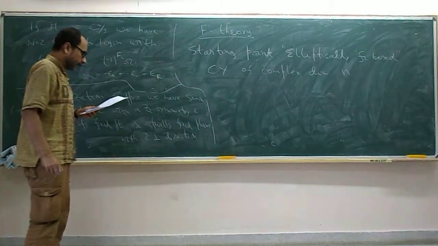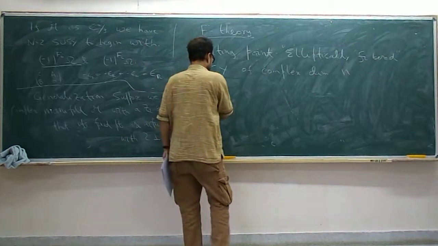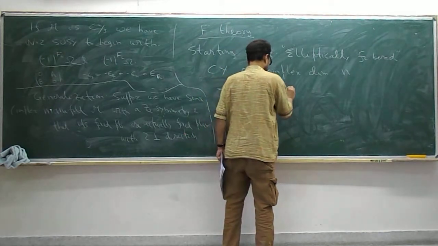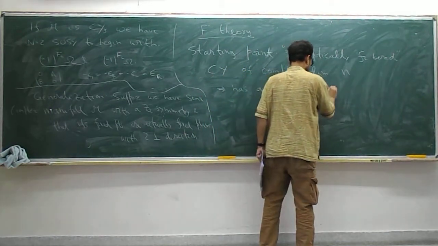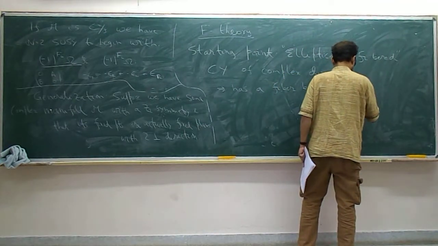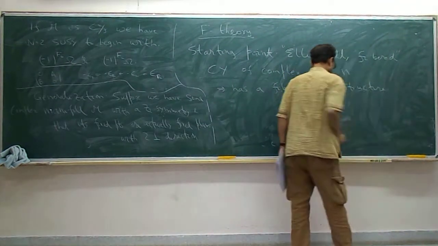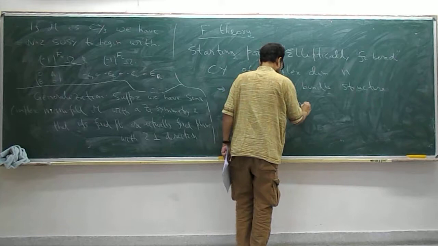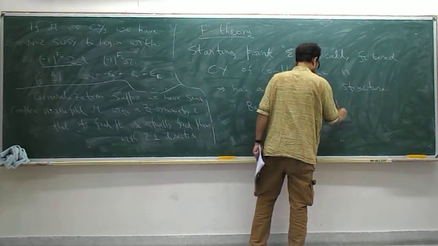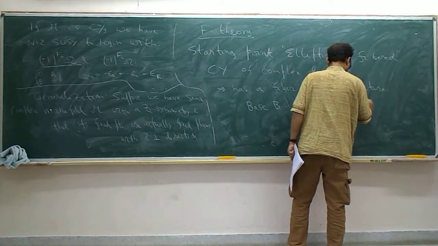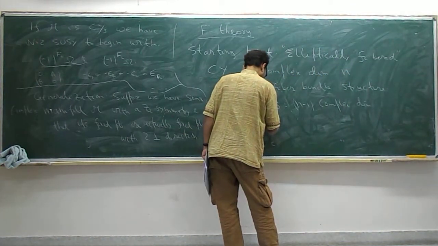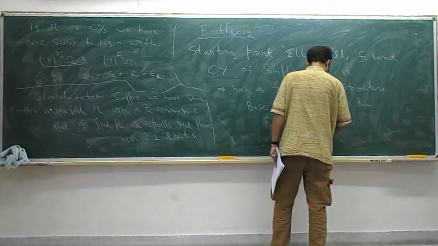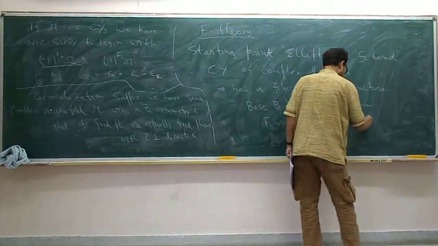So an elliptically fibered Calabi-Yau manifold is the following: it is a manifold which has a fiber bundle structure, whose base B has n minus 1 complex dimension and whose fiber is a torus, which is one complex manifold.